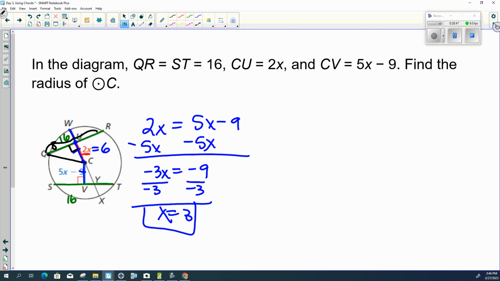So in this triangle, I've got an 8, I've got a 6, and then this is my radius. I just swung one around. This is how I think I would find it using the Pythagorean theorem: 6 squared plus 8 squared equals the radius squared.